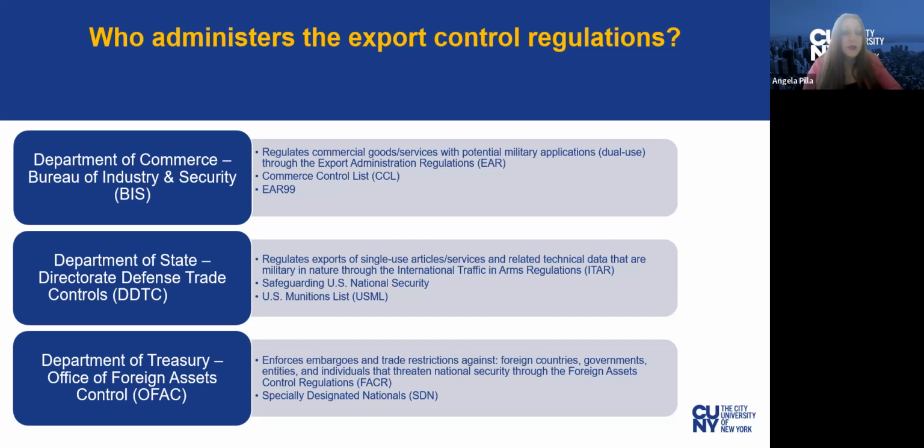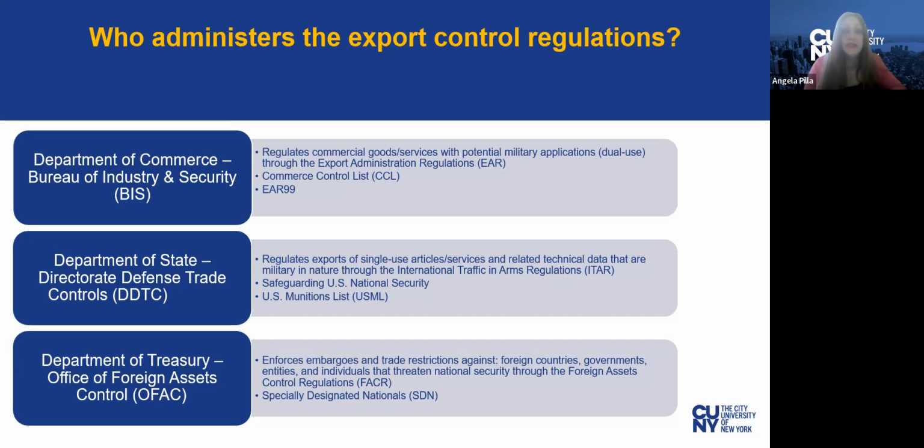The Department of Treasury, through the Office of Foreign Assets Control, or OFAC, enforces embargoes and trade restrictions against foreign entities, countries, and governments that harm or threaten our national security. That's through the Foreign Assets Control Regulations.